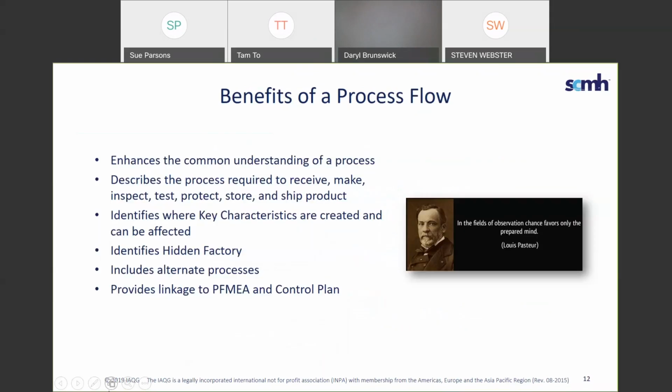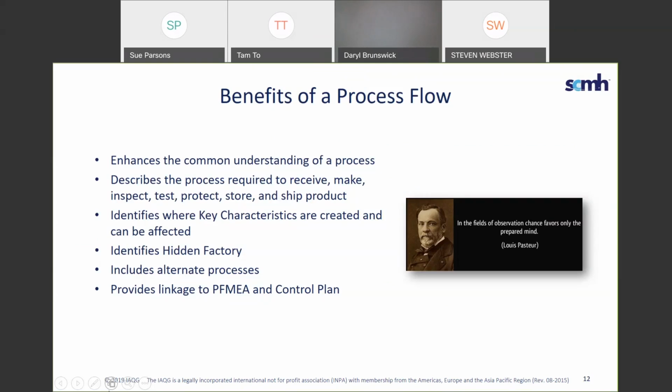So what are the benefits? As Louis Pasteur states, in the field of observation, only chance favors the prepared mind. So the process flow and its outputs help prepare an organization for further success in using the process failure modes effects analysis and the control plans.